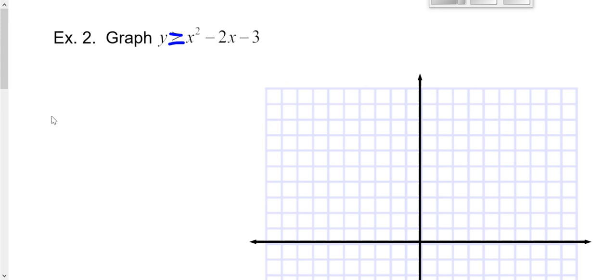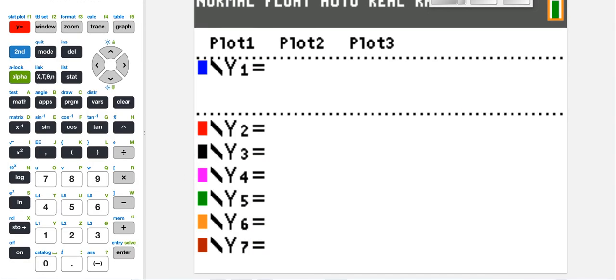So graph this: y equals x squared minus 2x minus 3, and graph.